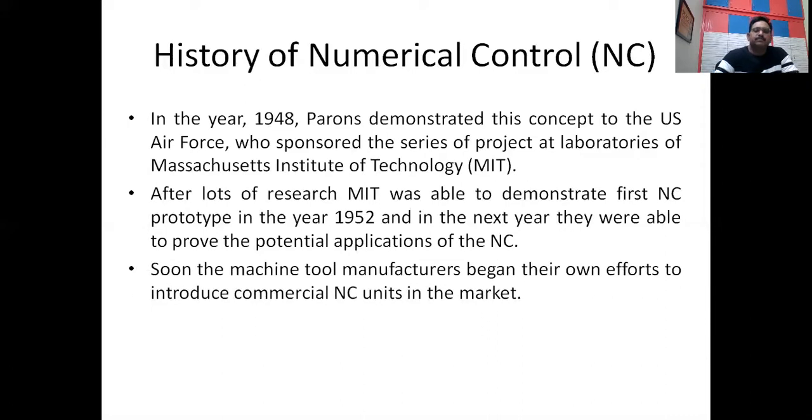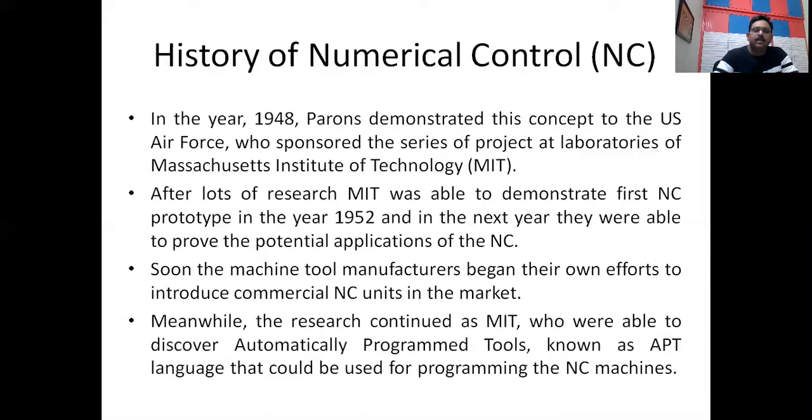Soon the machine tool manufacturers began their own efforts to introduce commercial numerical control units in the market, from 1950 to 1952. Meanwhile, the research continued at MIT and they were able to develop automatically programmed tool language, APT.